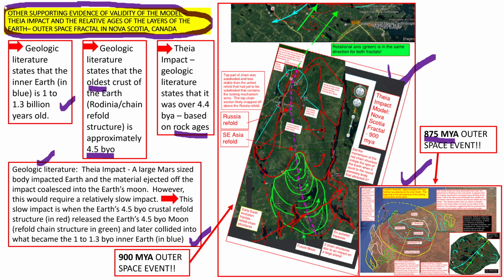It doesn't give the impression that it was particularly violent, because that's why the refold structure did not become disjointed. It stayed together. So just the top part broke off, and it might have even been much earlier, not even necessarily during this event. But anyway, there's a lot of indications it was not a very violent event.